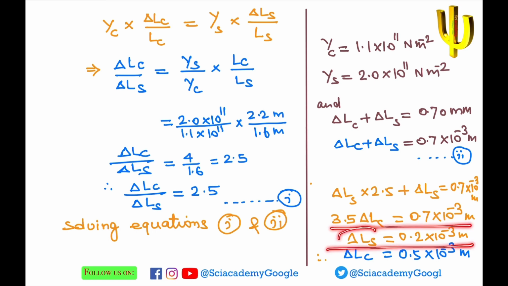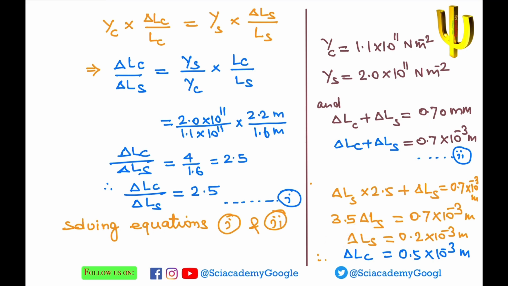Now, after substituting the value of delta LS in this equation, we get delta LC equal to 0.5 into 10 to the minus 3 meter. You can check that if we sum delta LS plus delta LC, we get the total elongation equal to 0.7 into 10 to the minus 3 meter. So thus we get the elongation in the two wires separately.